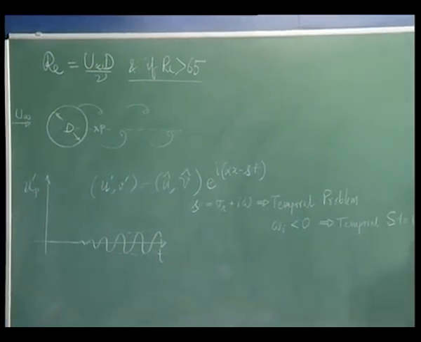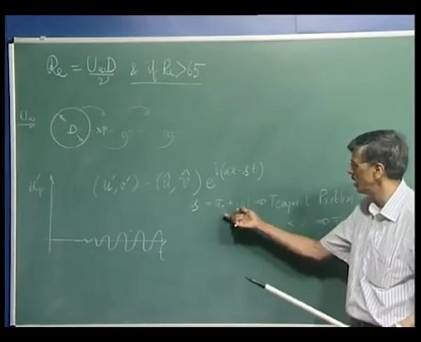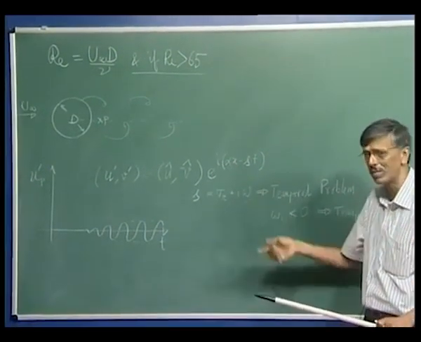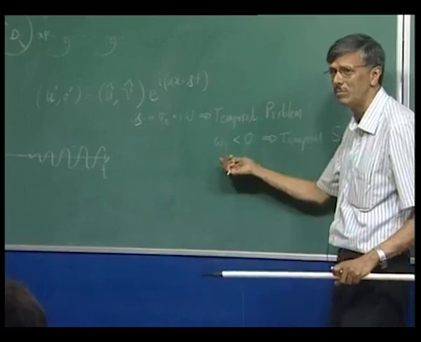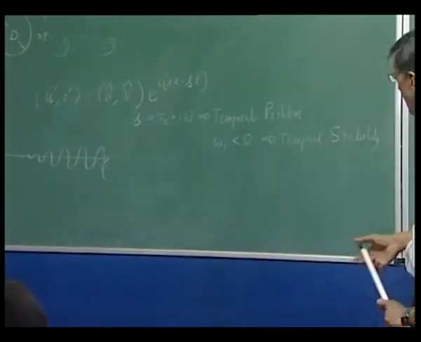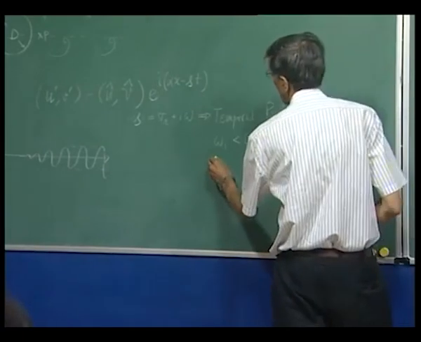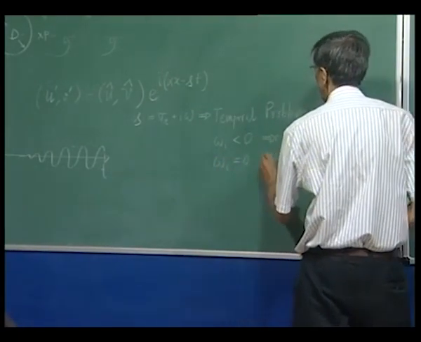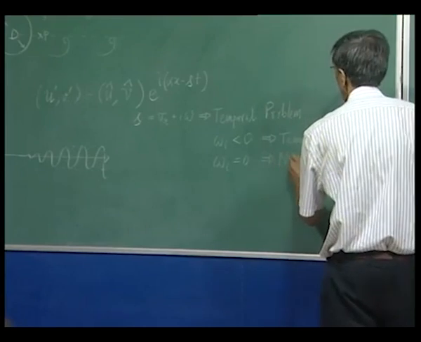You can substitute it here, and because of this minus sign, and there is I and I, that makes it so. So omega I negative means you will have disturbances which decay with time. And of course, this is quite well known. This corresponds to the neutral case.